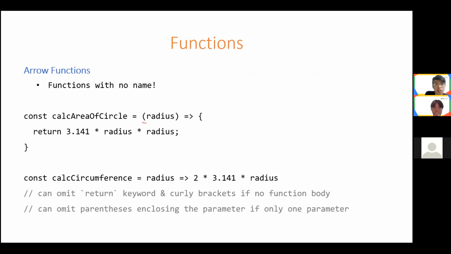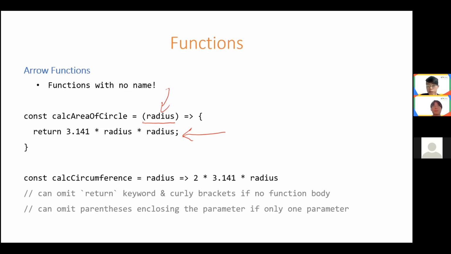What you see here, you have these parentheses, and similarly, you can put any inputs to the function inside. This function has one input radius, and then in the body, you are returning 3.1 times radius squared, the area of the circle. There are some short forms with regard to arrow functions.